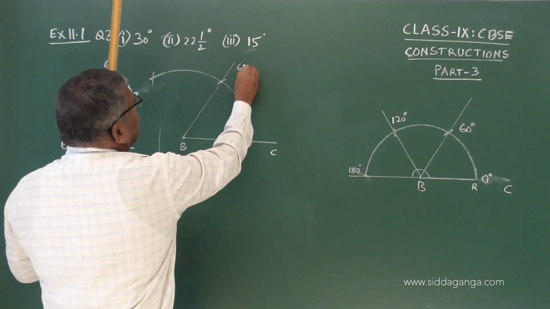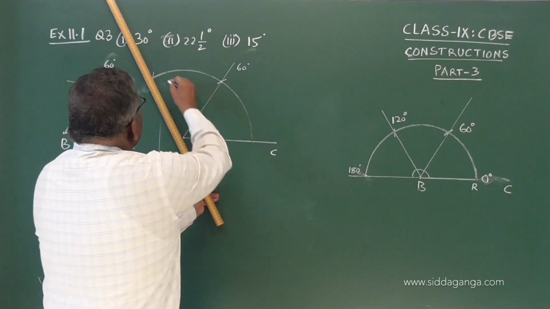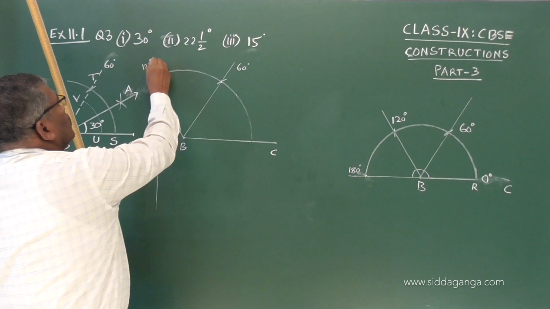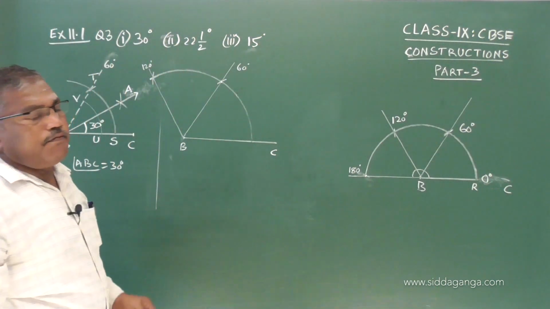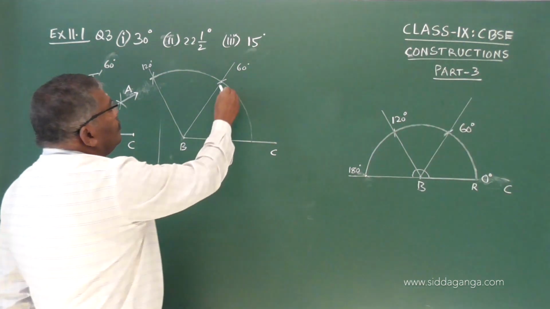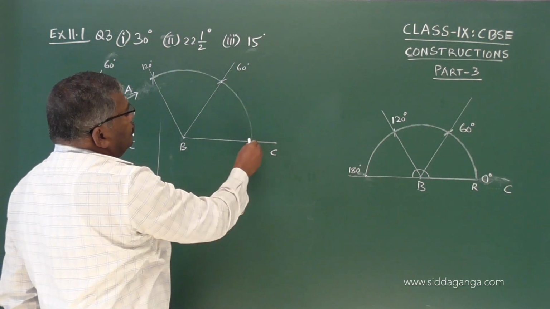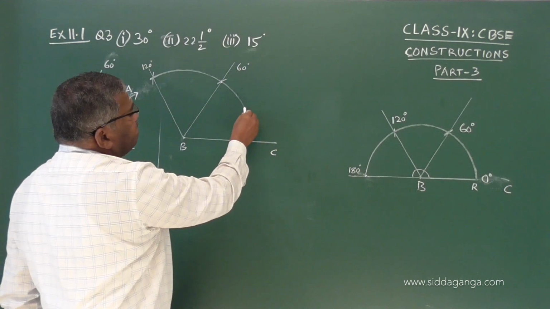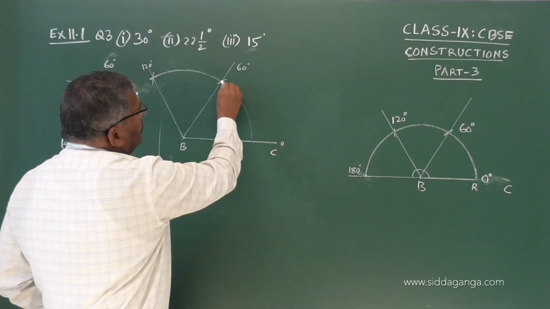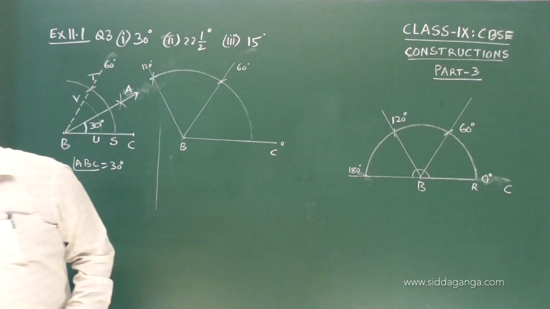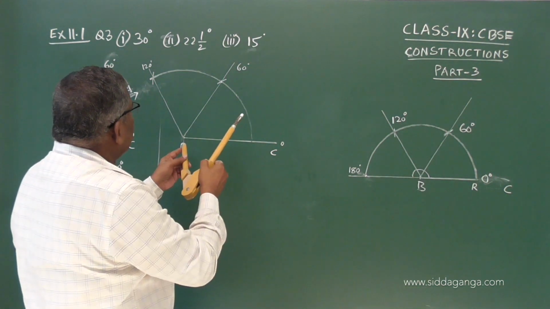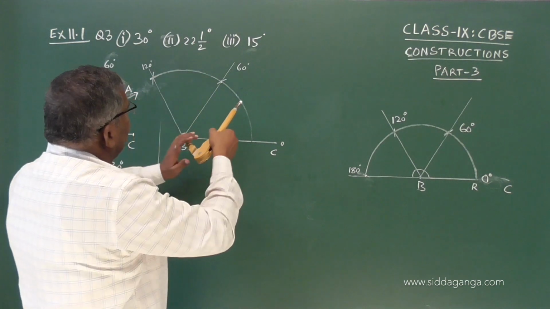This is 60 degree and this is 120 degree. So if I divide this 60 degree into two parts, you will get a 30 degree angle first. So this you don't need.